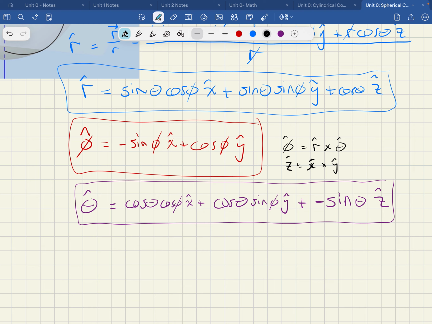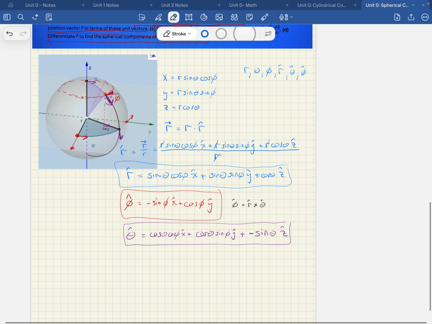The 3 unit vectors are mutually perpendicular to each other, and in a right-handed coordinate system, x cross y is always equal to z, and r cross theta is always equal to phi. So that's interesting, and you can prove that by taking this cross product if you want to.